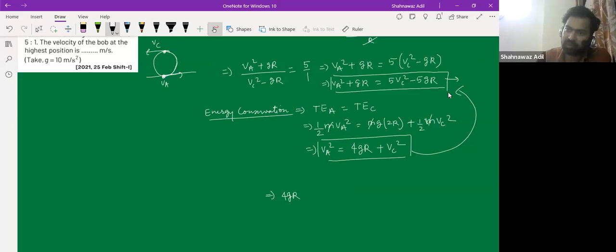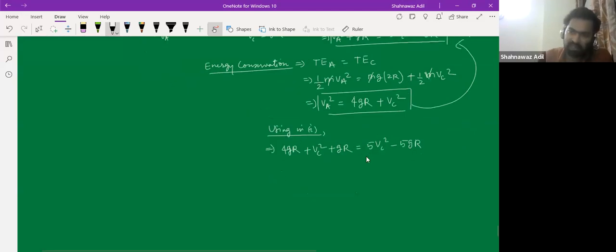Let's name it O1. So using in O1, plus gr, and we have 5 vC square minus 5gr. So all these gr in the left hand side, vC in the right hand side.